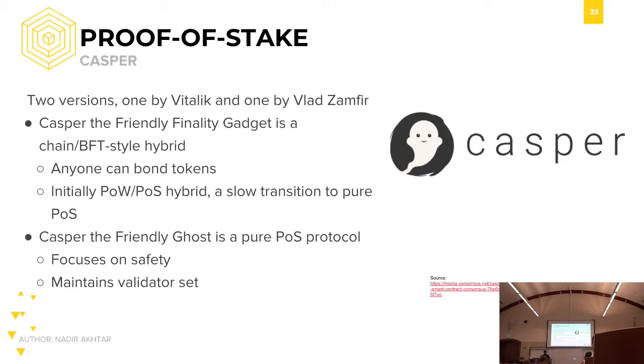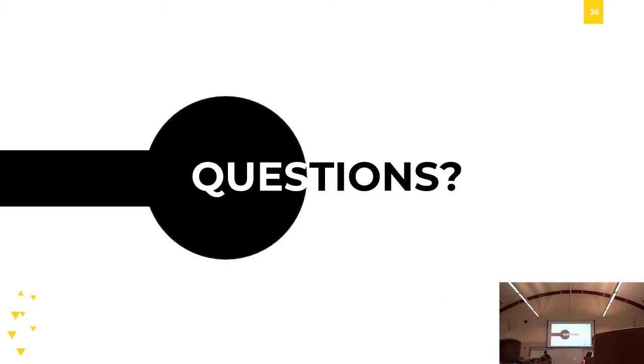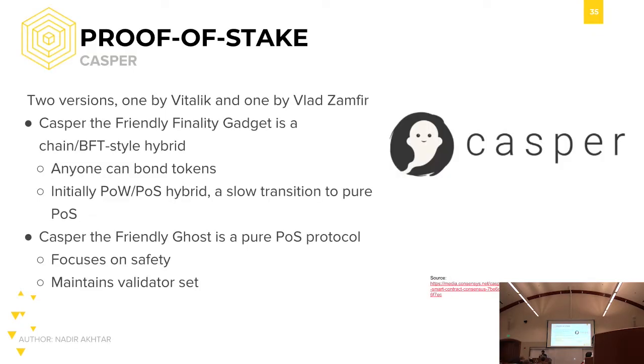Is that for stopping people from selfish mining? Right. So that's one, to stop people from selfish mining, but mostly because you want to make sure that you never have to question whether or not a block is going to be included in the longest chain.